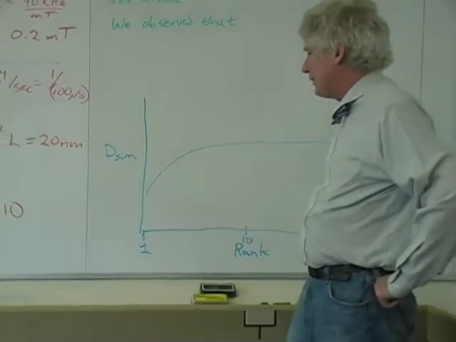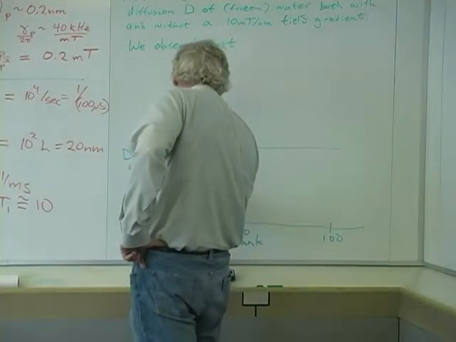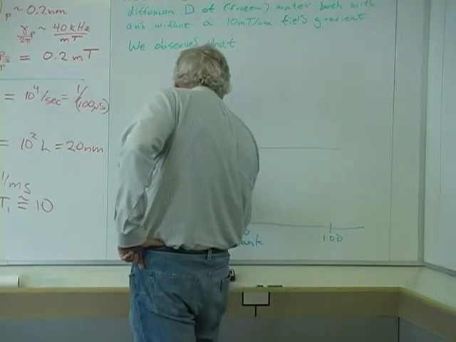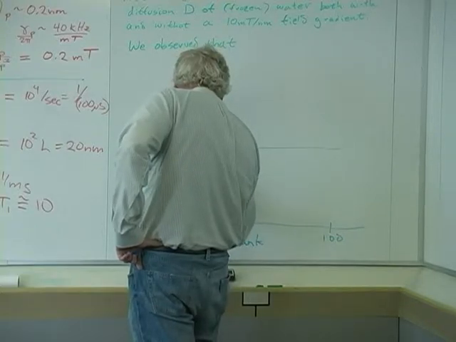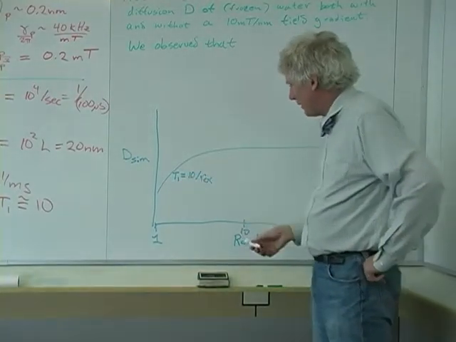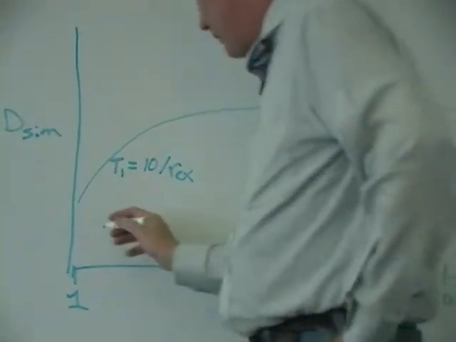value. I'm going to set this for T1 equal 10 over R. Remember, T1 is an artificial noise. What if I made it even noisier? And I'm going to do another curve.